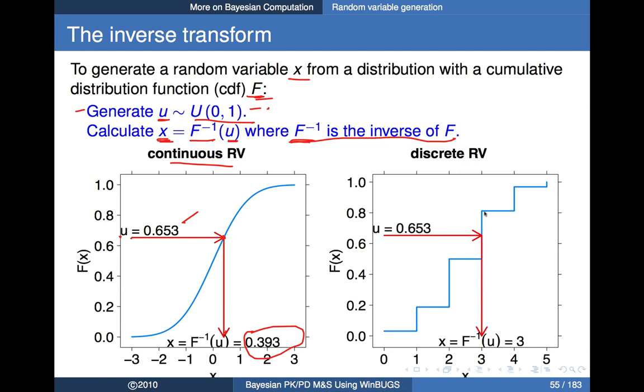The CDF is described in terms of a stair-step like function, and let's suppose I'm using the same u here, 0.653. Again, I just go right over until I smack into my function here, and then go right on down to the axis, and in this case it gives me a 3 when my u is 0.653.